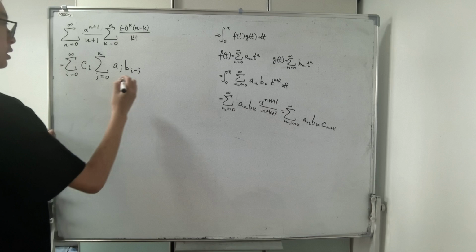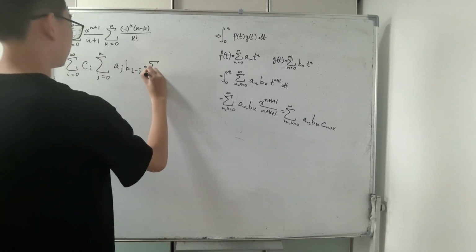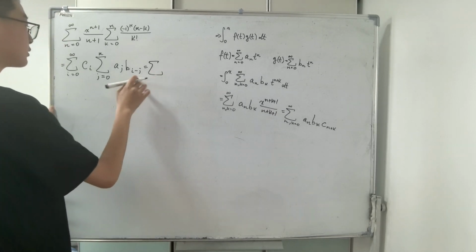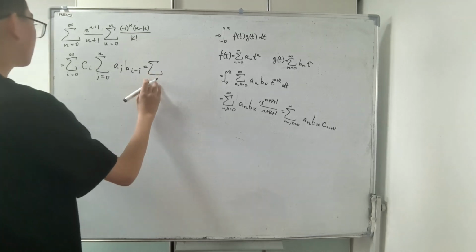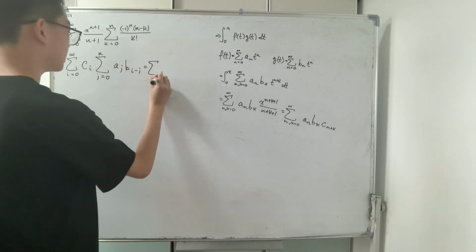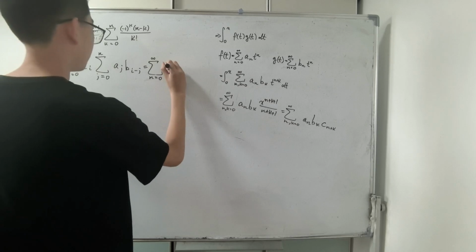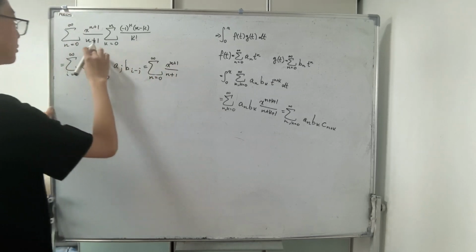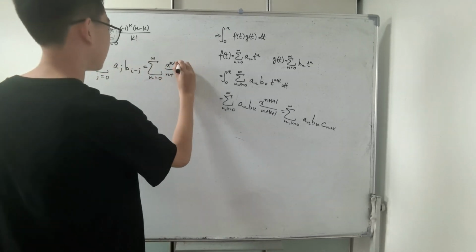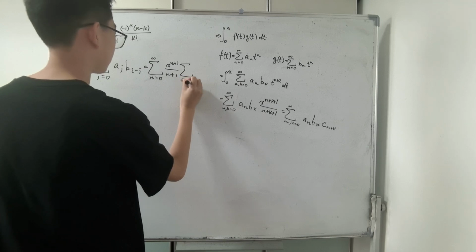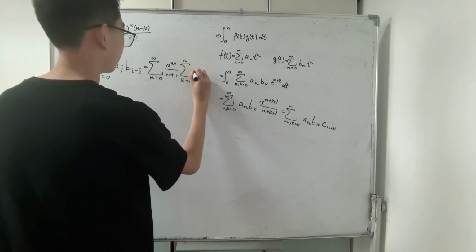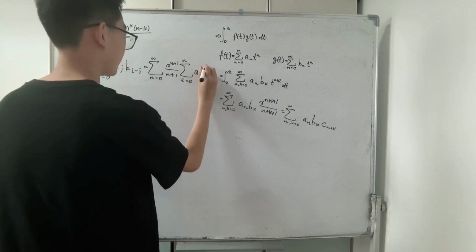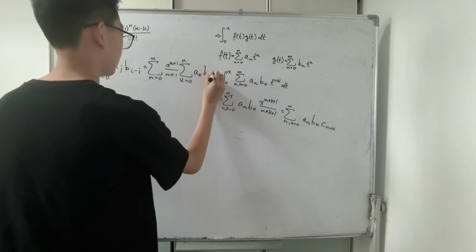this is just the sum, actually we're going to write it in terms of n and k because it matches this thing. So we have the sum n equal to 0 up to infinity of x to the n plus 1 over n plus 1, right? Very familiar. And then we have this other sum, k starting from 0 up to n, of these two things, n minus k here.